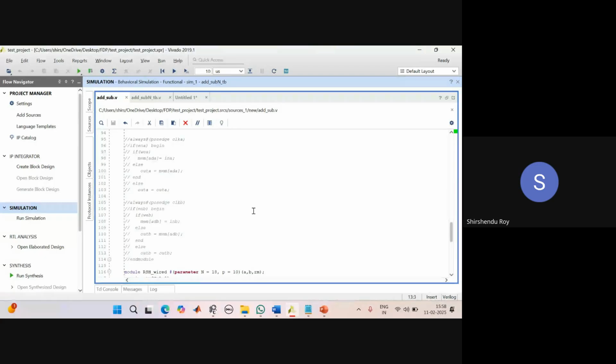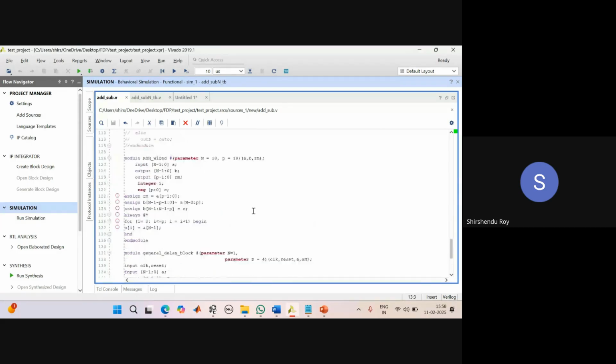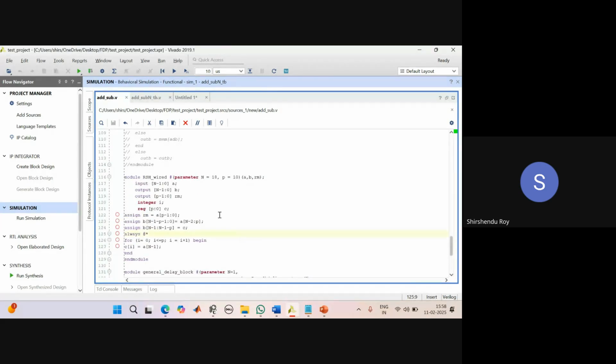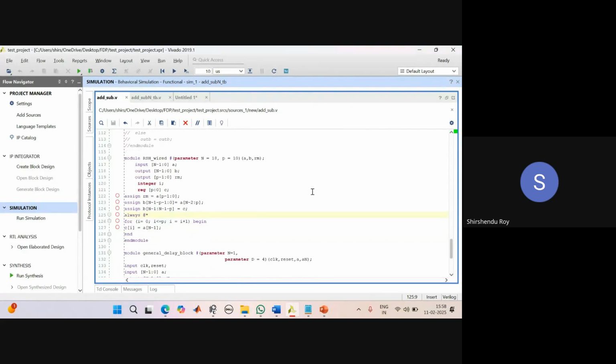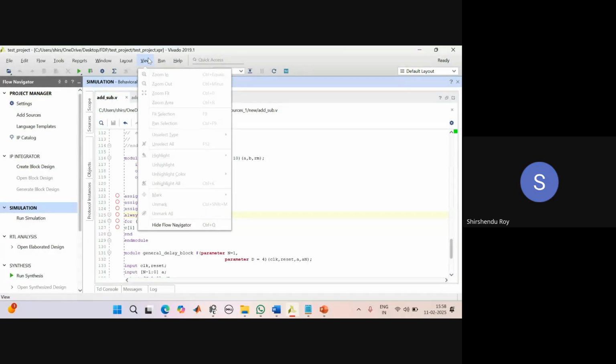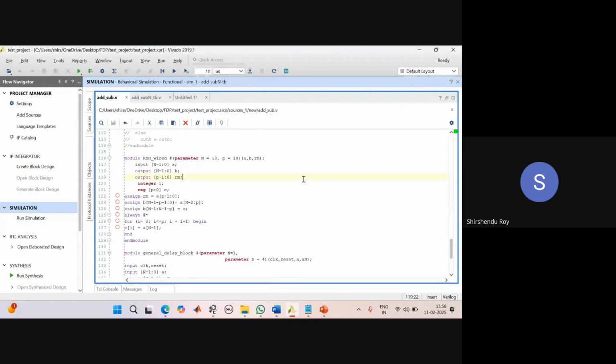Okay. So here, one more block that I could discuss compared to other blocks. Is it visible, or do I have to zoom? Yes, sir. Okay. So this block is very, very important.